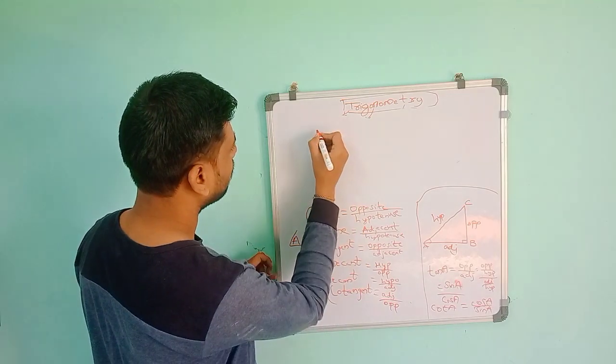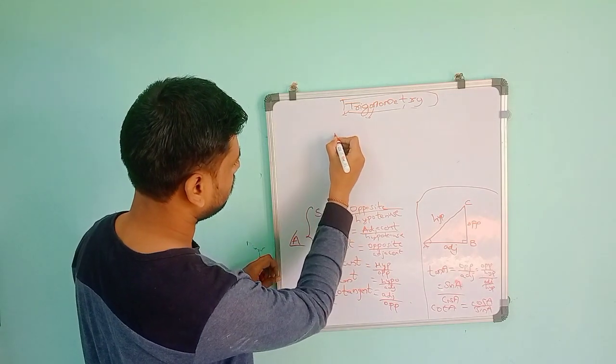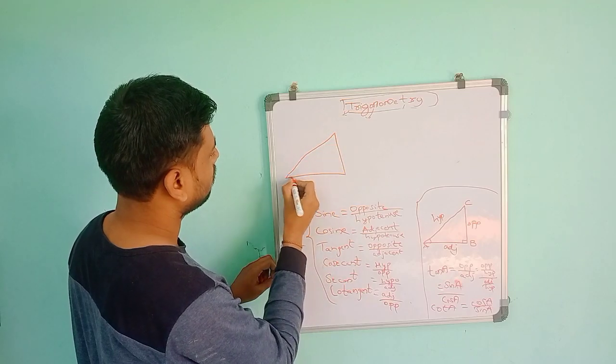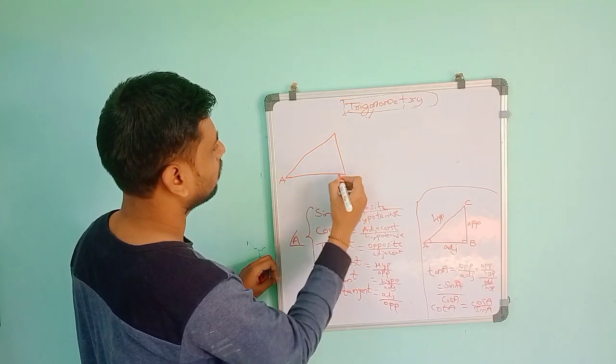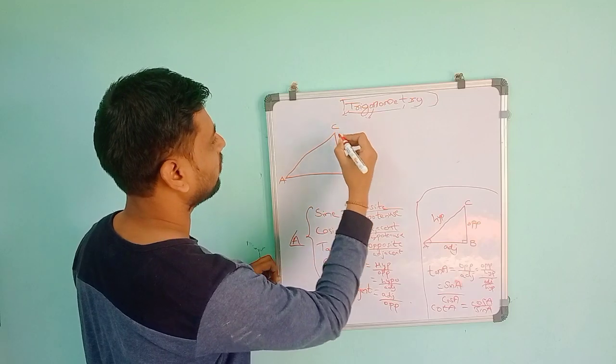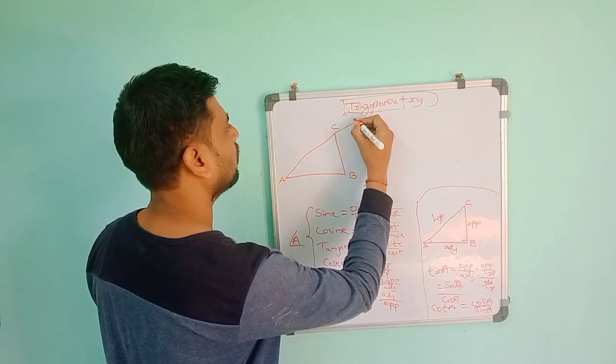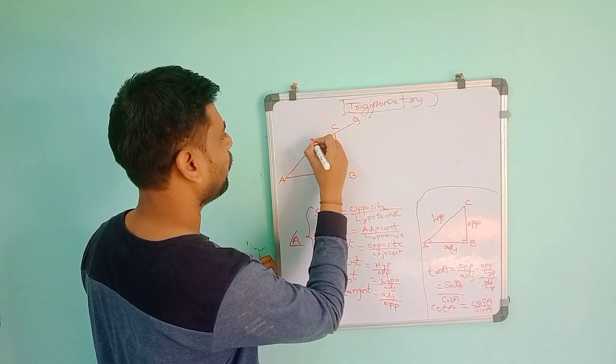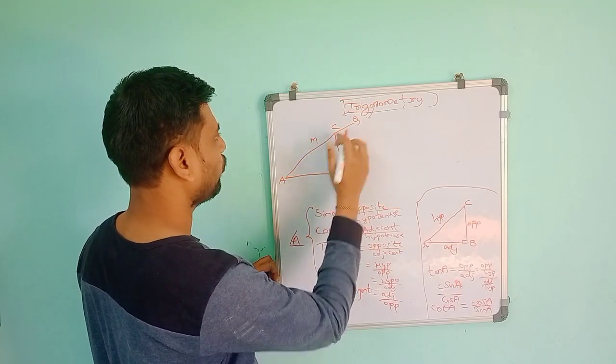So if you take this is A, this is B, and this is C. If we extend this one, I am taking here Q and M on the upper hypotenuse AC.